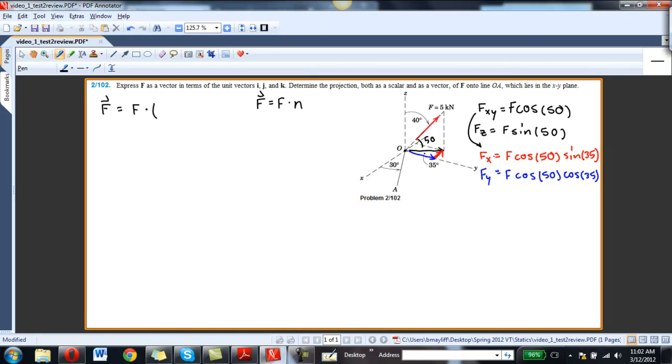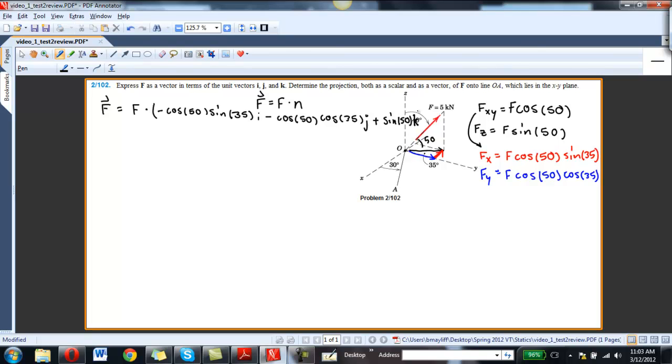So we have Fx, which would be negative cosine 50 sine 35, and that's an i. And let's see, j would also be negative, so negative cosine 50 cosine 35. And then k is going to be positive, so plus sine 50.